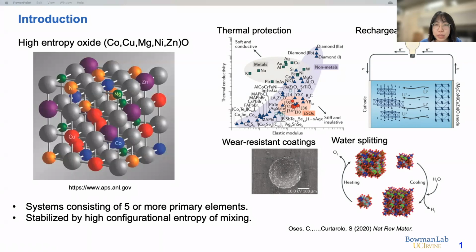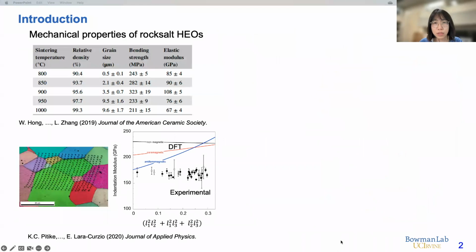Further development of HEOs for these engineering applications, however, requires that the material have sufficient mechanical properties. So in order to better understand their mechanical behavior, we performed this study.